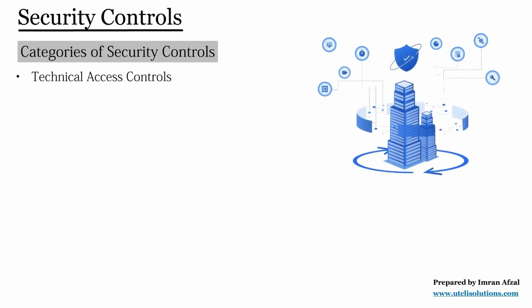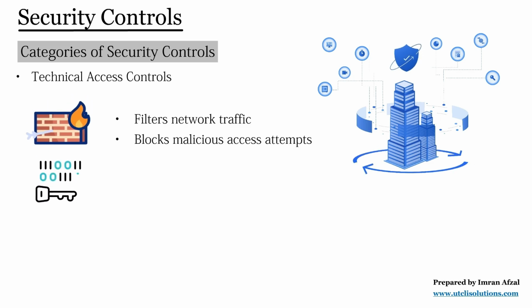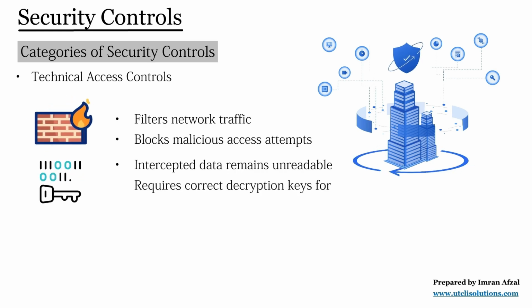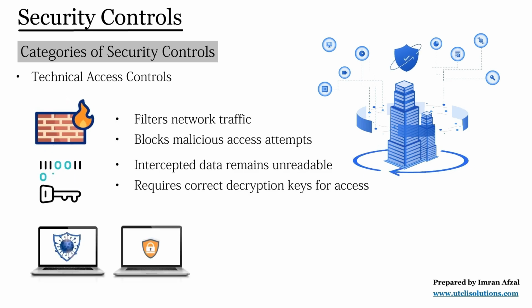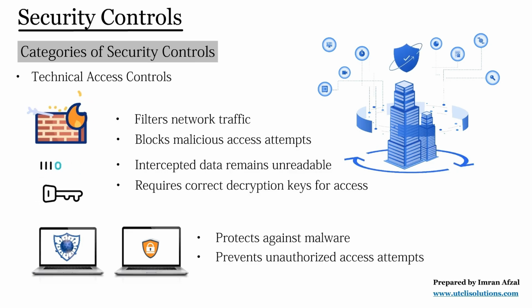An organization might use firewalls to filter incoming and outgoing network traffic and block malicious attempts to access internal systems. Also, encryption in place ensures that even if data is intercepted, it remains unreadable without the correct decryption keys. Well, in the same way, antivirus software and intrusion detection systems further protect against malware and unauthorized access attempts.